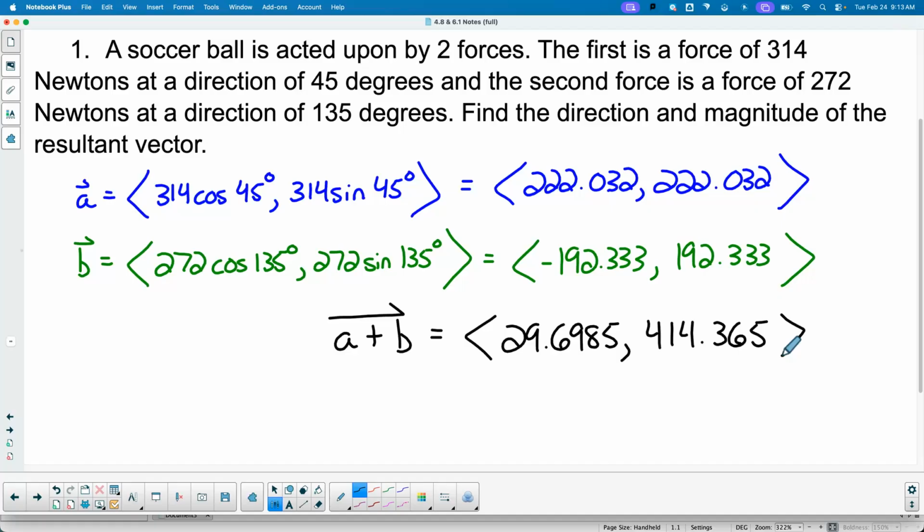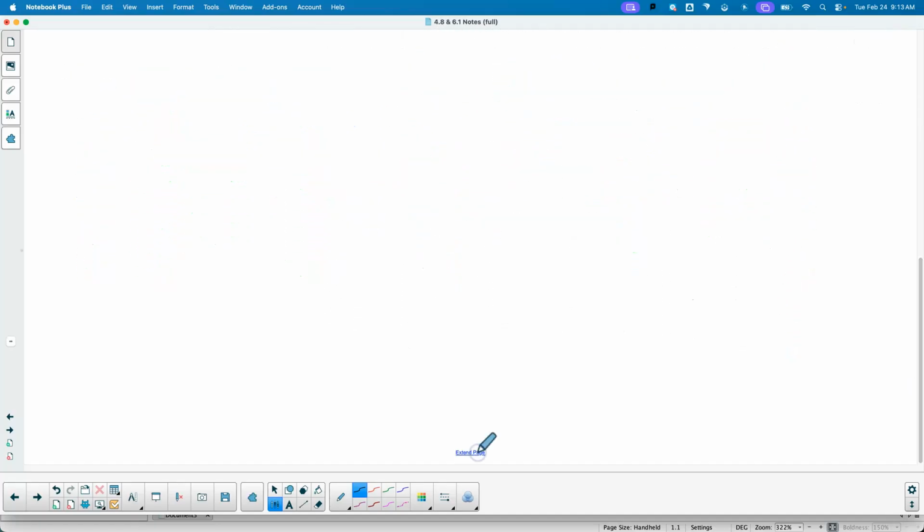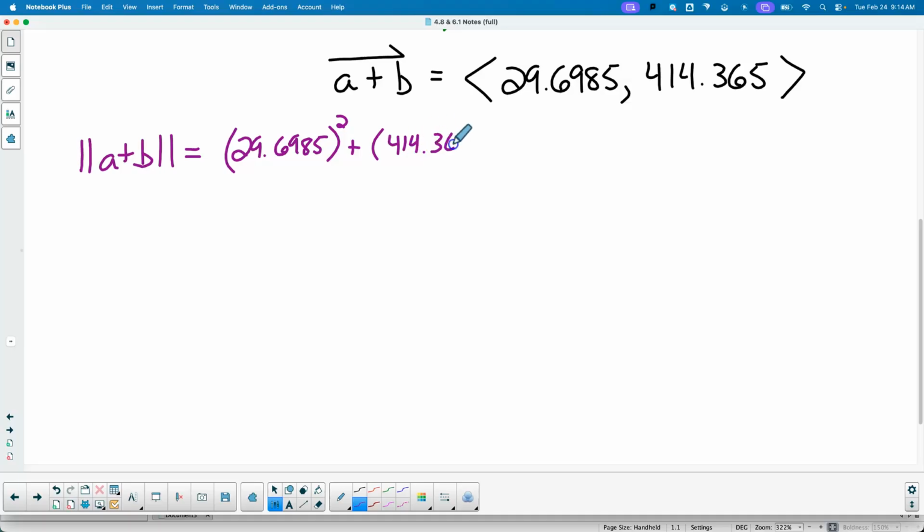The magnitude is going to be the magnitude of A plus B, and we also want to find the direction of A plus B. So next, we can find the magnitude of A plus B. That's going to be 296.985 squared plus 414.365 squared, then take the square root of that.